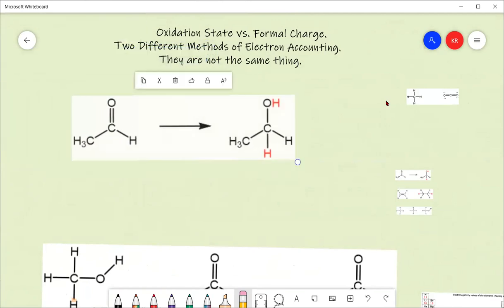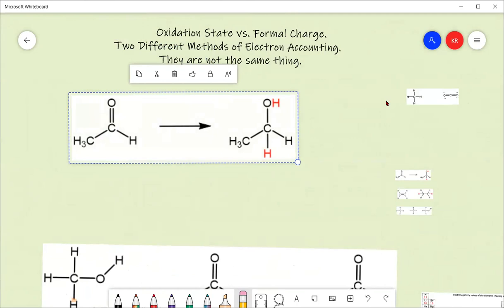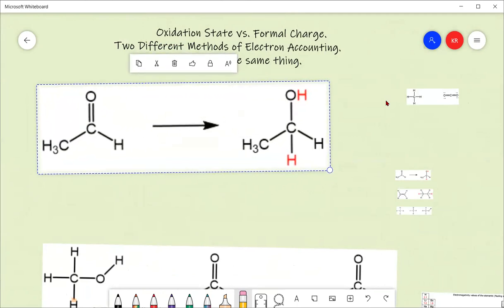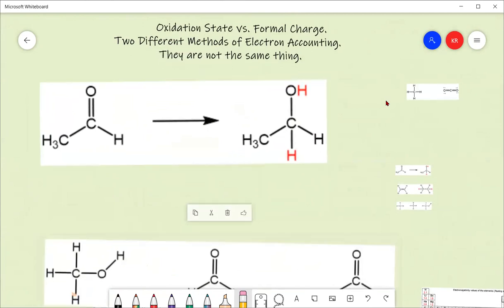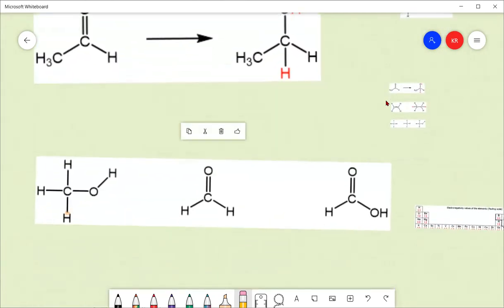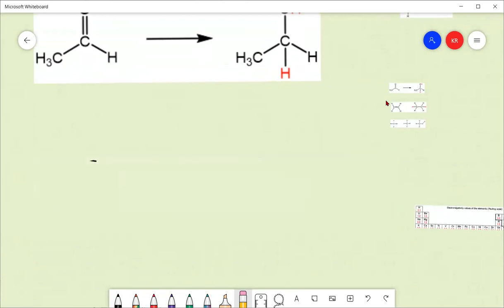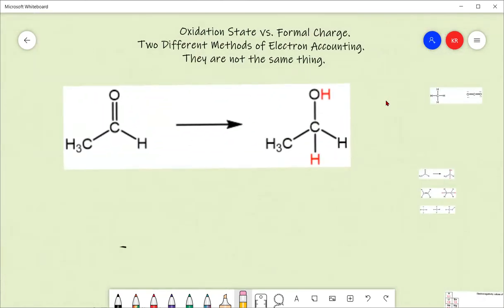All right, so here I have an aldehyde, and what you've seen so far are just carbon-hydrogen bonds or carbon-oxygen bonds. So here we have some carbon-carbon bonds. Now, when you have a bond between two of the same atoms, you're going to split that bonding pair up because those atoms obviously are equal in electronegativity.